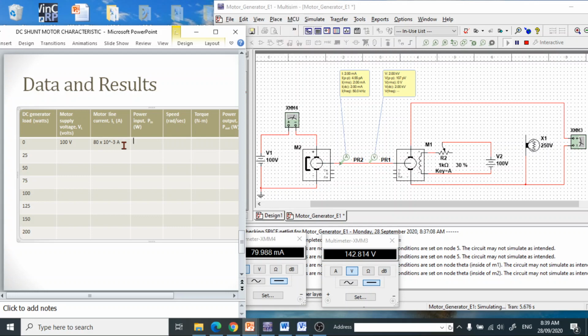So the input power can be calculated by multiplying the voltage and current, which will give us 8.